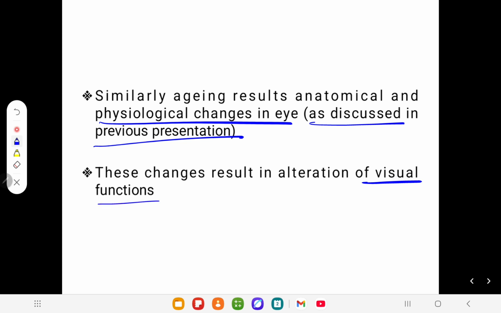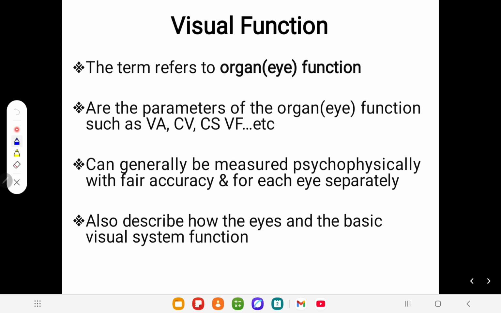Basically, that physiological and anatomical change results in altered visual function, isn't it? So let me clear one thing: what is actually visual function and why does it matter? The term refers to organ function, as parameters of the eye's functions such as visual acuity, color vision, contrast sensitivity, and visual field. Basically, these are functions, isn't it?